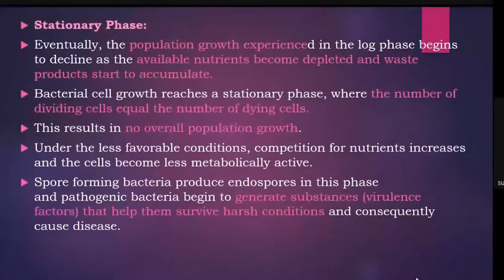So both division and dying will be almost equal, and the overall population will be maintained in a very steady state. It will also produce some secondary metabolites, and that also occurs in the stationary phase.